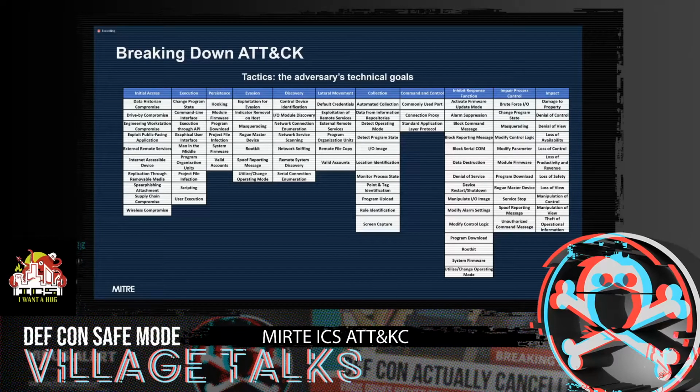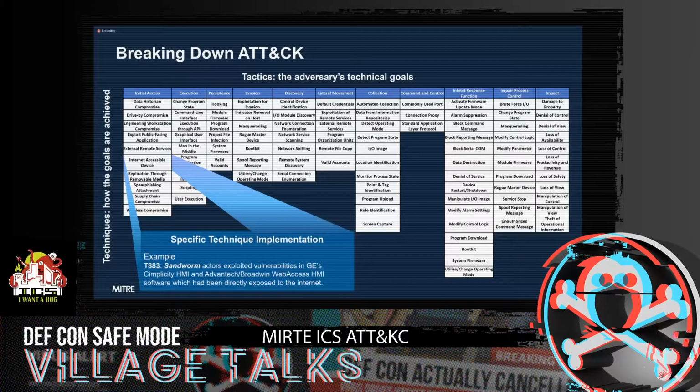Associated with each of these technical goals are techniques, and this is how the goal is accomplished. So this could be data historian compromise under initial access. It could also be device restart or shutdown under inhibit response function.